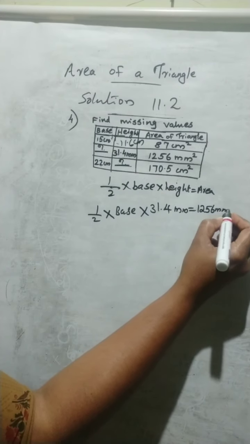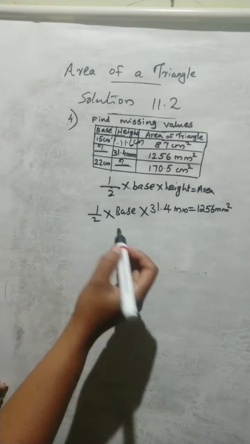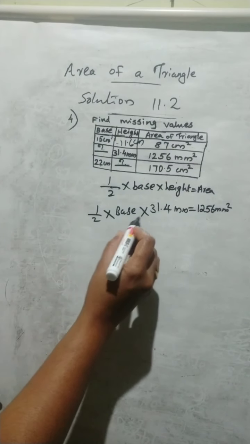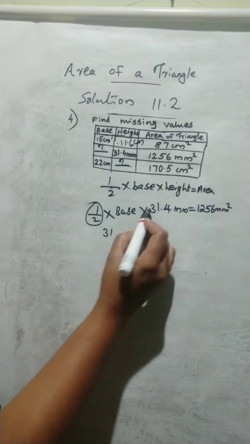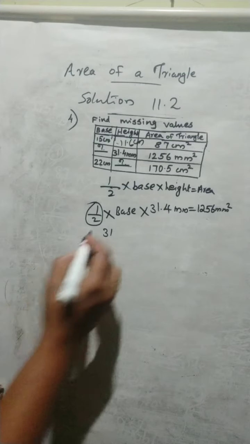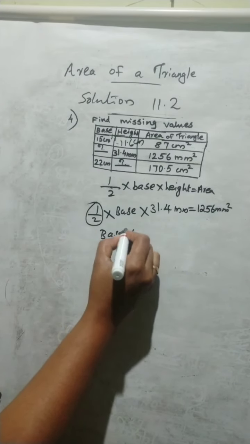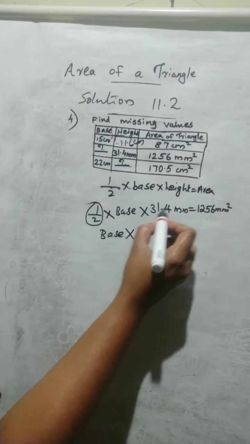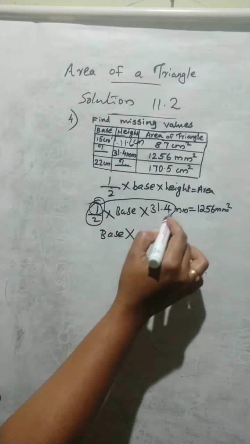1256 millimeter squared. Okay. Then here 31.4 and 1 by 2 are in number form. We don't know base. So we can write base times 31.4 multiplied by 1. Multiply the numerators.